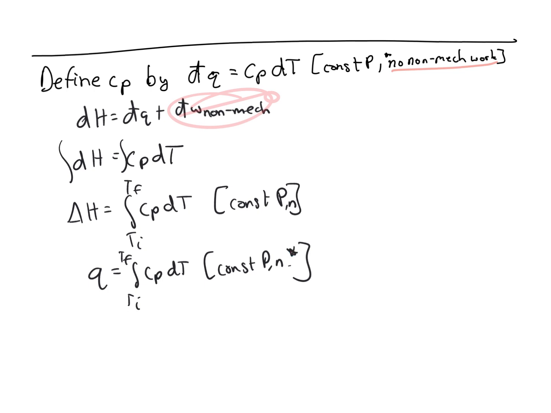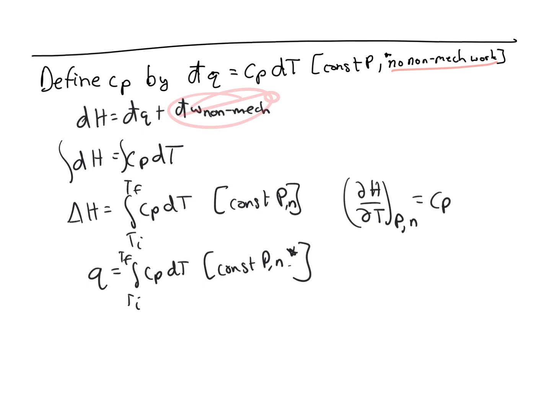So both of these definitions work, and this does agree with our previous definition that the heat capacity was dH over dT at constant P and N. We always need to get our definitions into this format because this is now in terms of real thermodynamic variables. But this does show that it's called the heat capacity because it tells us the flow of heat under these common situations. So anytime we're at constant pressure with no non-mechanical work, we can easily get the heat by just using the constant pressure heat capacity.